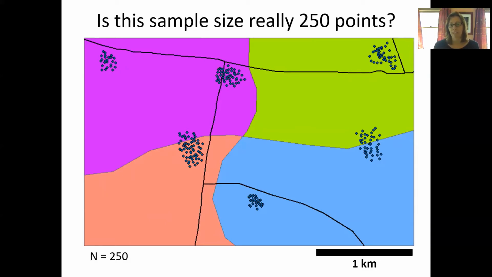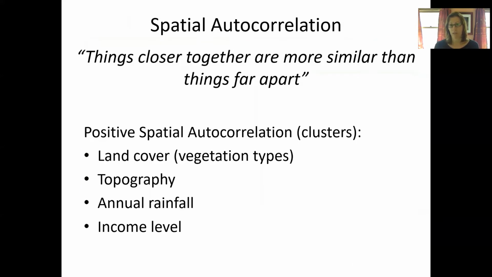In GIS land or in geography, what we refer to that as is spatial autocorrelation. And so spatial autocorrelation is something that you have to be aware of when you're designing samples, because it means that when things are closer together, they're more likely to be similar to each other. And so, in fact, if you sample 2 plots that are right next to each other, you're probably just measuring the same thing twice.